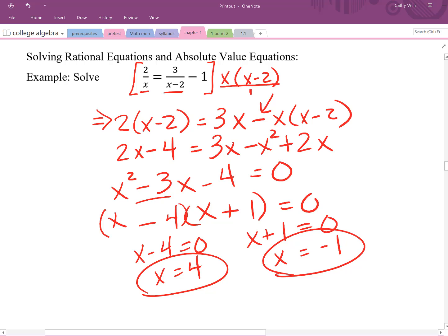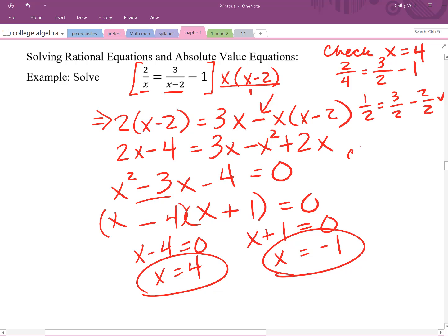So I can check them. If I check x equals 4, you don't have to do this because we didn't square both sides, but I will just show you that they both work. So if I put in 4 for x in my original equation, that's 2 over 4 equals 3 over 4 minus 2, which is 2 minus 1. So 1/2 equals 3/2 minus 2/2, and that's true. So 4 works. Check negative 1.